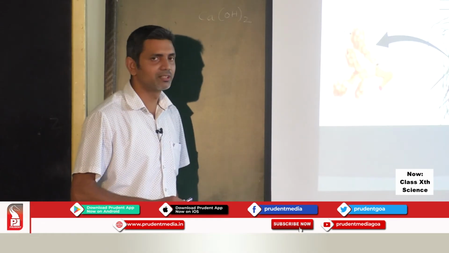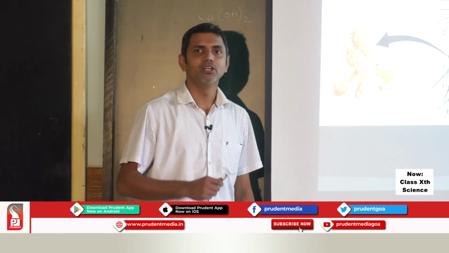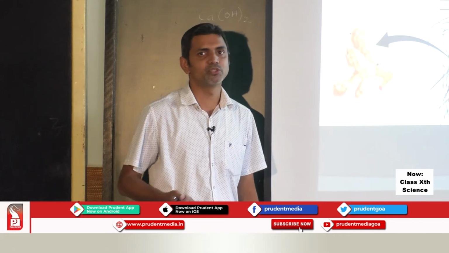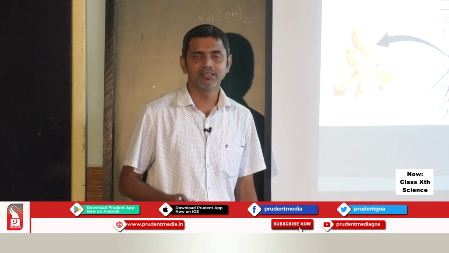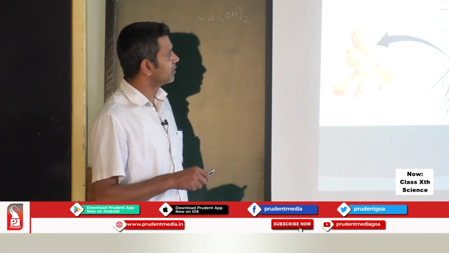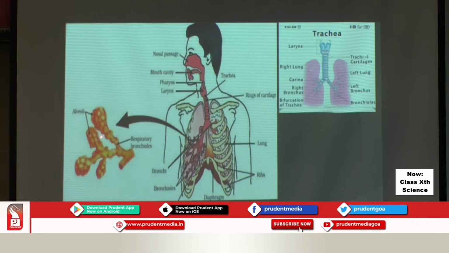In the last session we have learnt that villi in the small intestine provide the surface area for absorption of digested food. Here these alveoli provide the surface area for exchange of gases.